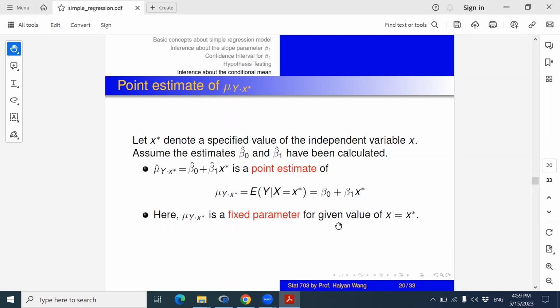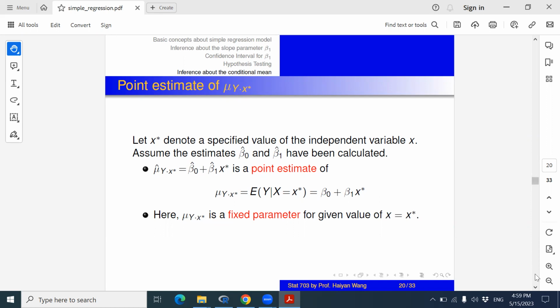Okay. The next one, what we want to pay attention to is that this is a fixed quantity rather than a random quantity, in the sense that x star is a given value, and beta 0, beta 1 are also fixed quantities. There's nothing random there.